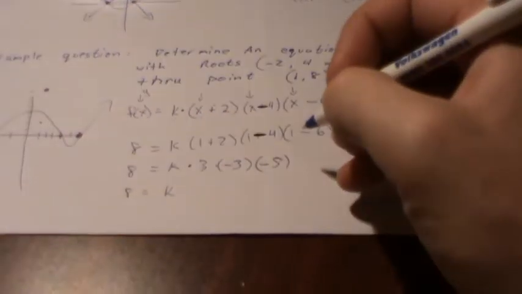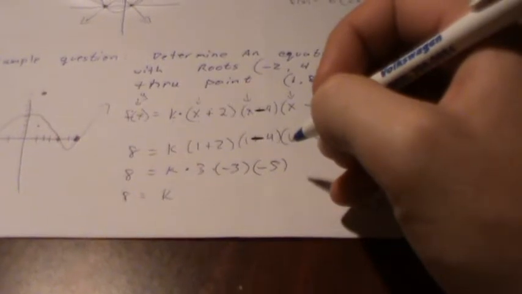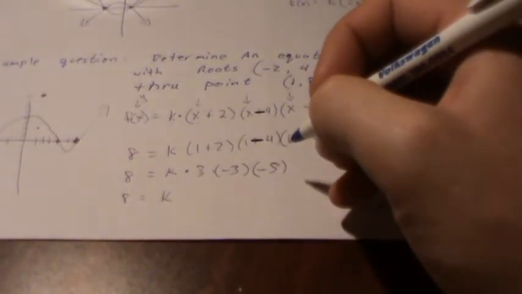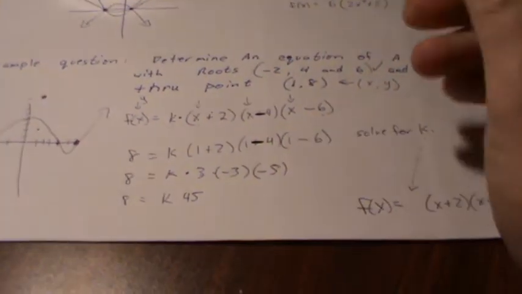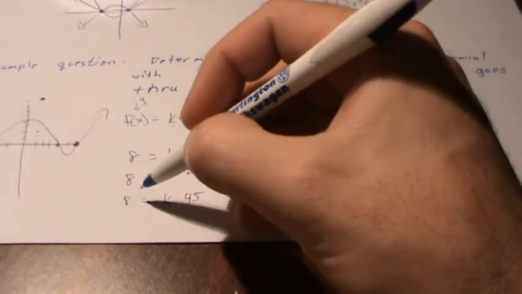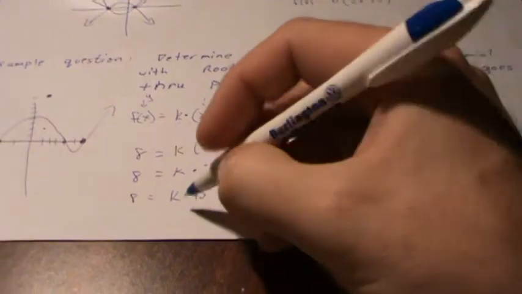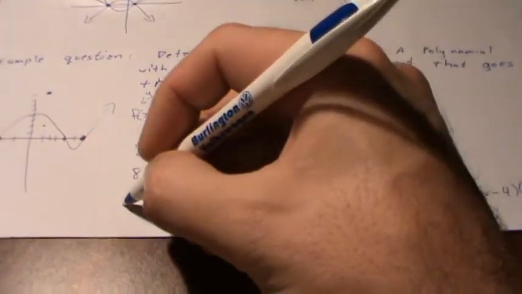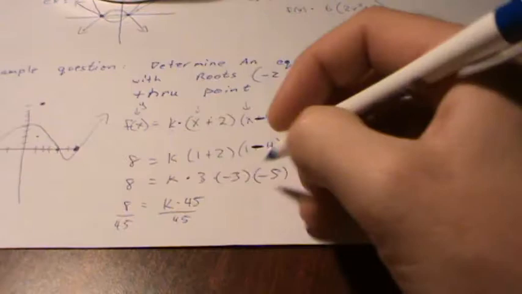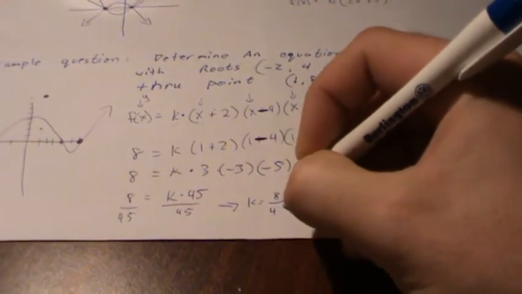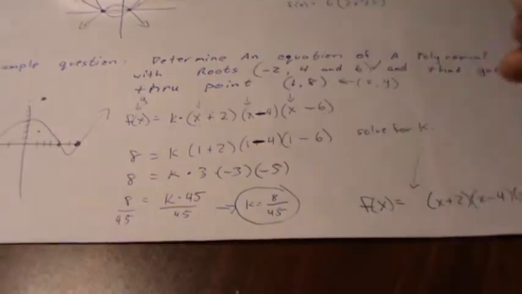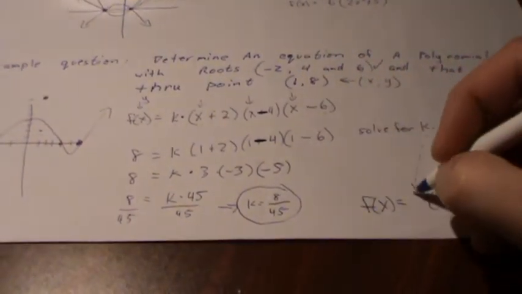So 8 equals k times 45, divide by 45, divide by 45. It turns out that my k value is 8/45.